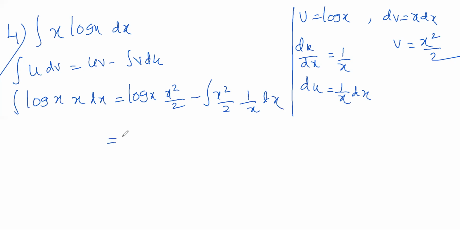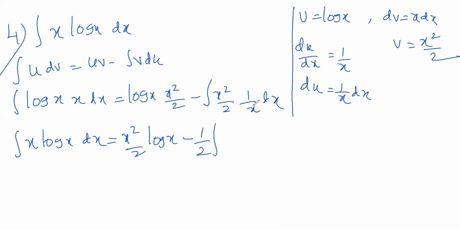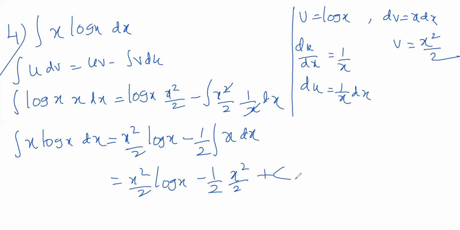Writing this on the other side, integral x log x dx is equal to x squared by 2 into log x minus, as 1 by 2 is a constant, taken outside, and here the x gets cancelled, so the remaining is x dx. Now x squared by 2 into log x minus 1 by 2 into integral of x, which is x squared by 2, plus c.